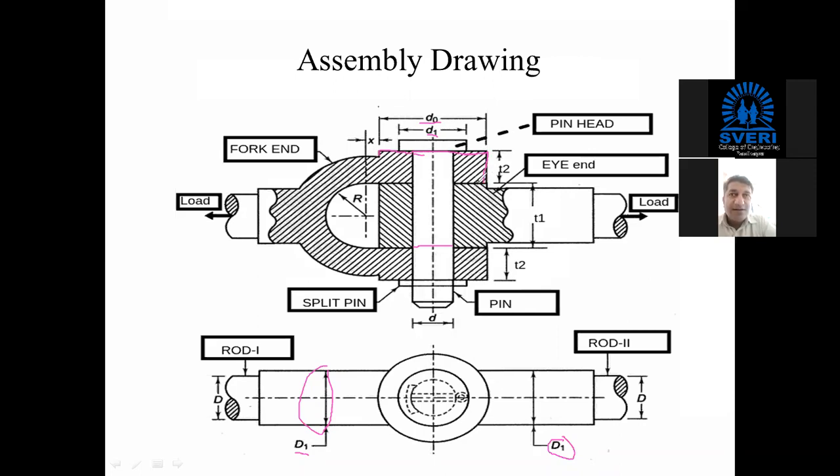Then T1 is the total thickness of the single eye, and T2 is the thickness of the double eye at the collar, or where it is measured at the collar. Then this R is the radius which has been provided to the curvature or semicircle of the fork. Okay. Any dimension which has remained? No.